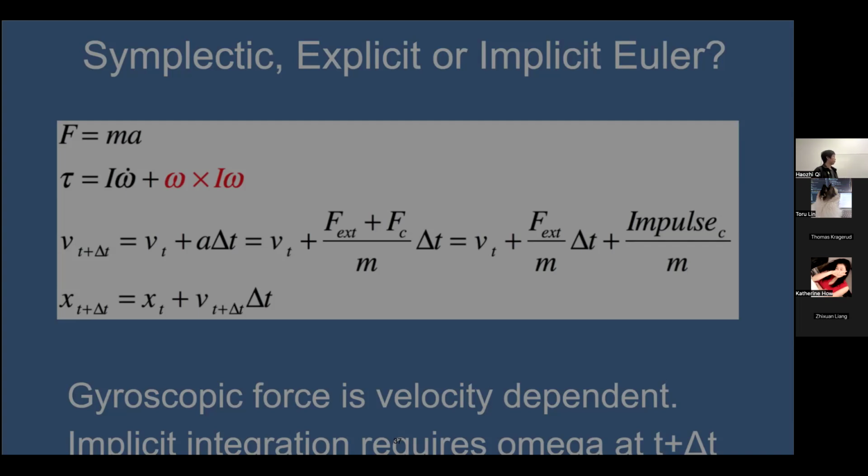So tau equals I omega dot plus an extra term, where I here is the inertia matrix depending on the mass distribution of your objects, and omega dot is the acceleration of your angular velocities. There is another term which makes it look different from F equals ma, which accounts for the fact that when a rigid body rotates, it does not always follow the same rotation axis, and the rotation axis may not pass through your center of mass.